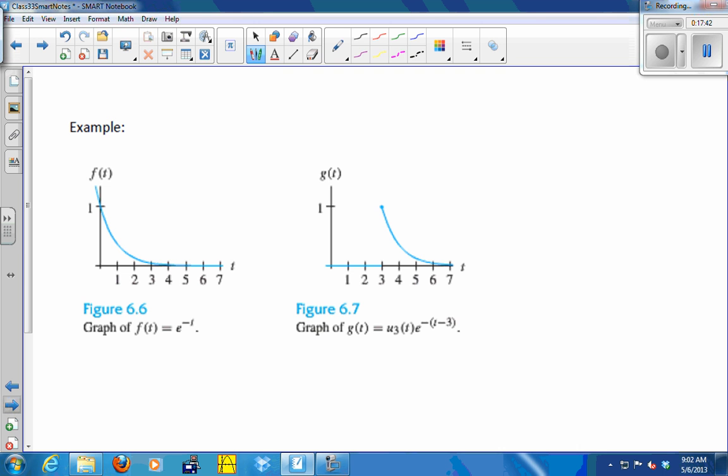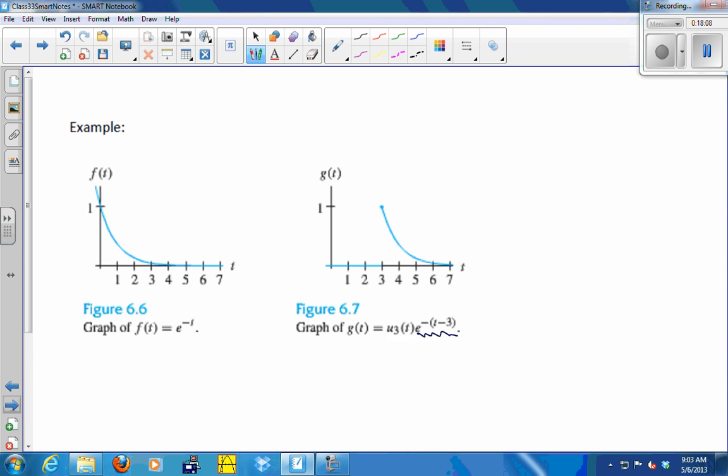So here's an example. I graphed a couple. This is the function e to the negative t. I can shift it 3 to the right by taking e to the negative (t minus 3), right? So this is just a college algebra style problem. How do you shift this 3 to the right? You would subtract 3 from the input of t.